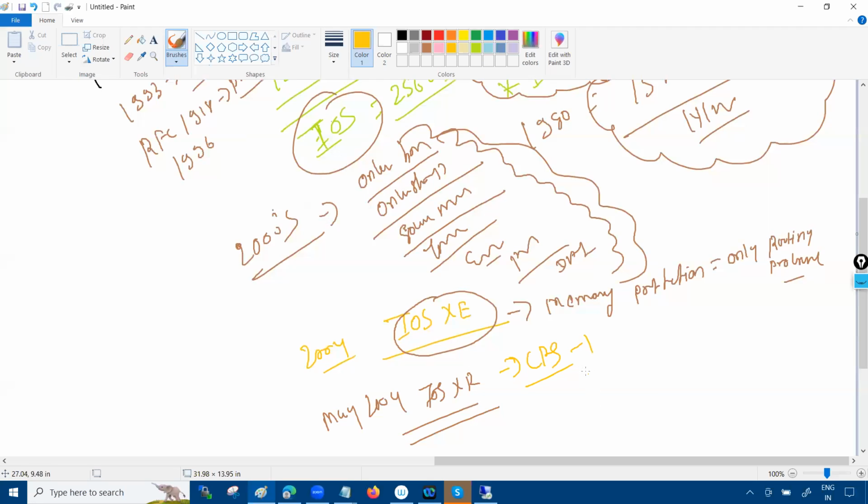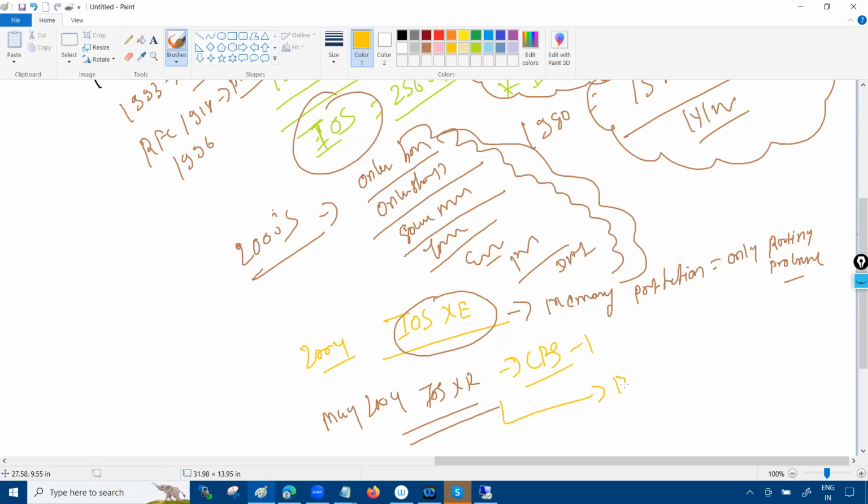The problem with this router is huge, man. This guy said, hey, you know one thing, IOS XE has an issue, it only provides memory protection for the routing protocols. Now, forget the routing protocol.